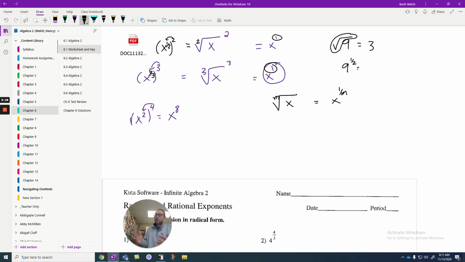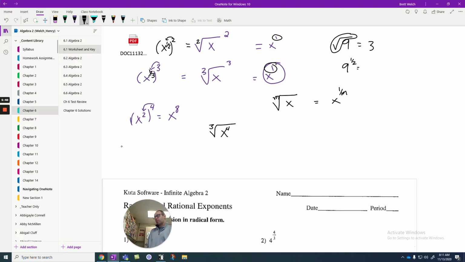Now, that's great if it's a square root or a cube root, but what happens if we've got multiple things going on? For instance, what happens if I'm taking the cube root of x to the 4th? Is there another way to write this that makes a little bit more sense, or that's maybe just easier to put in the calculator?